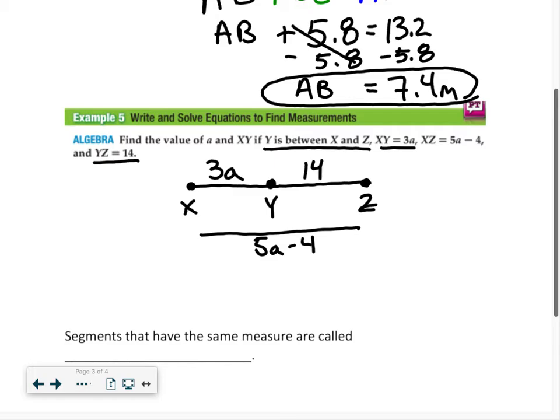So segment addition tells us that XY plus YZ equals XZ.